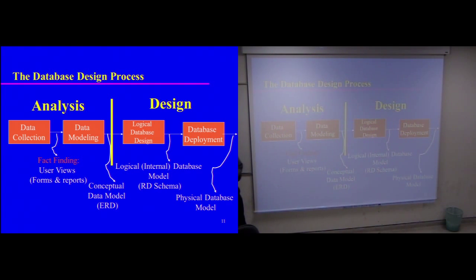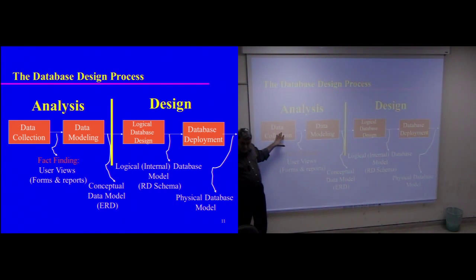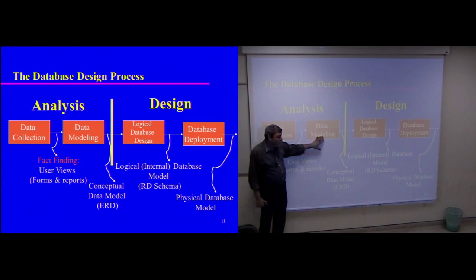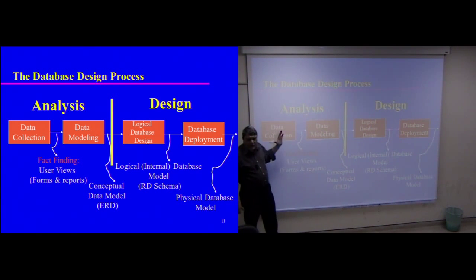So in order to guarantee that we understood our customer's requirements properly, we need to communicate our understanding to him. We need to discuss our understanding with him. We need to get his approval. Yes, this is the proper understanding. Yes, this is what I require.